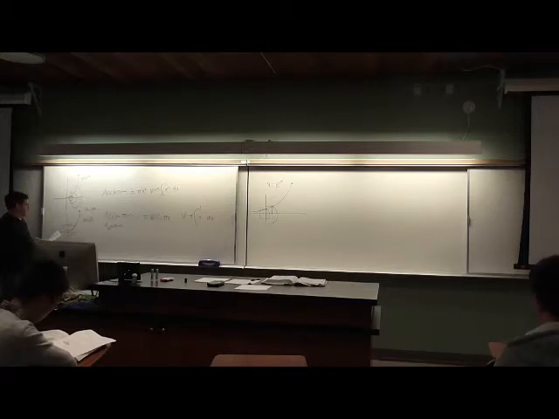I wasn't explicit about that. Did you think it was from 0 to 1 on the x-axis? That's the same, right? Because 1 squared is 1, so it's the same.